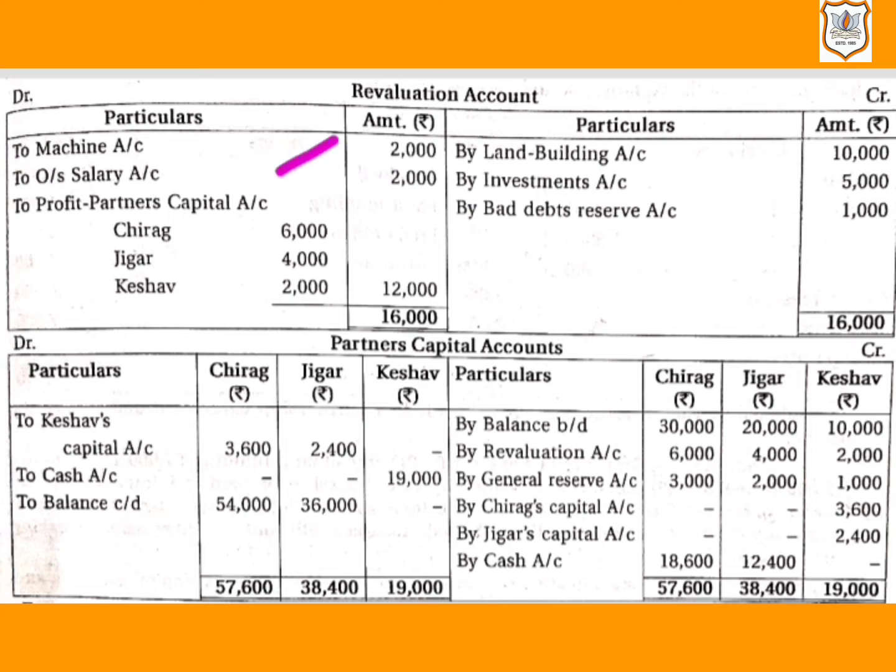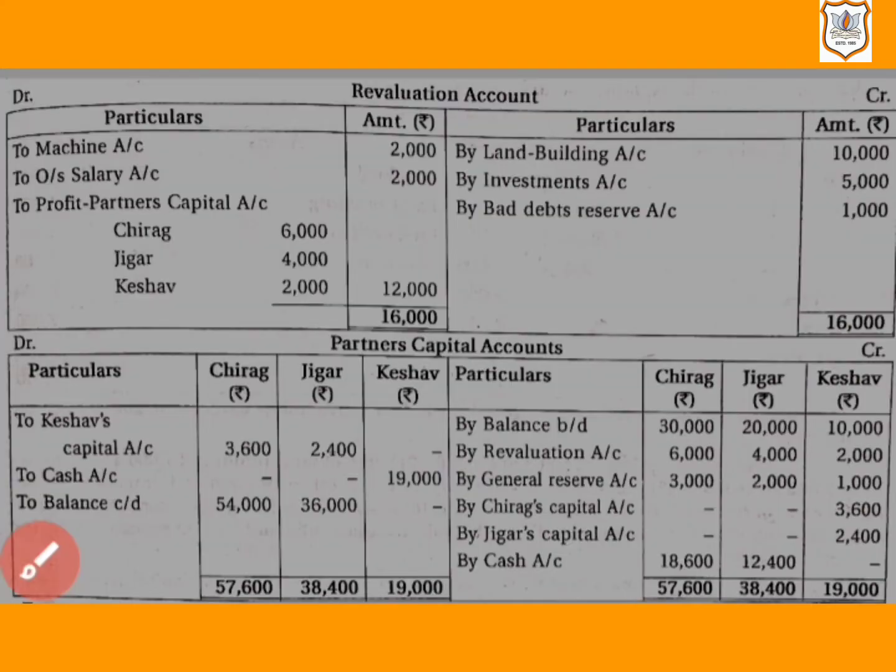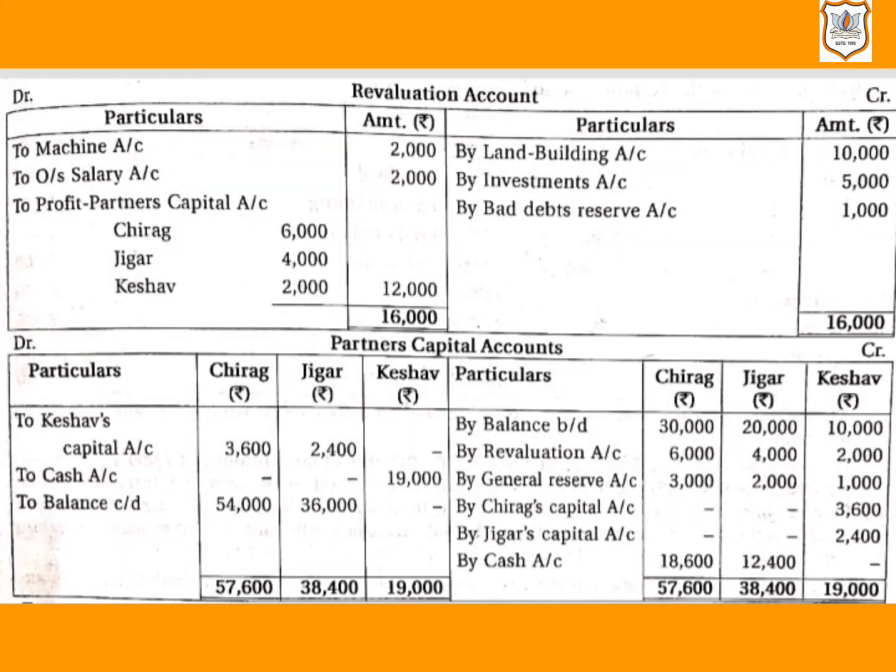Now third point, market value of investment is 150% of its book value. So let's give effect of this. Here as the value of investment is increasing, we will record it on credit side of revaluation account.